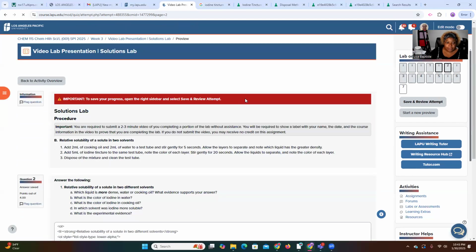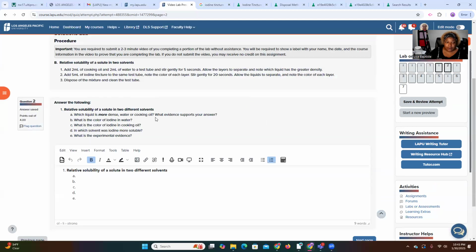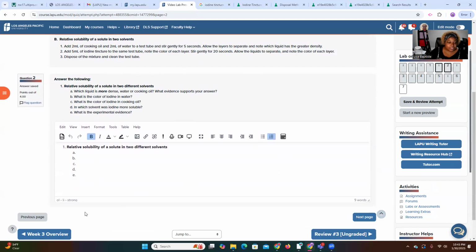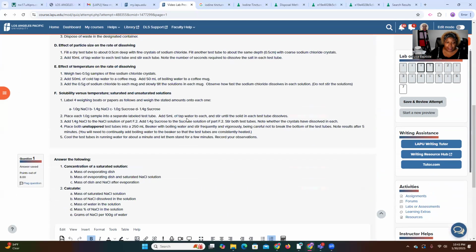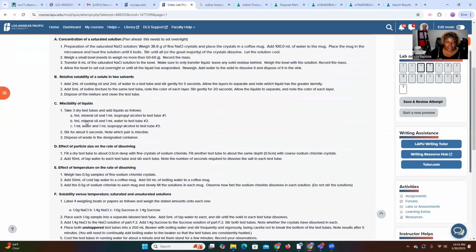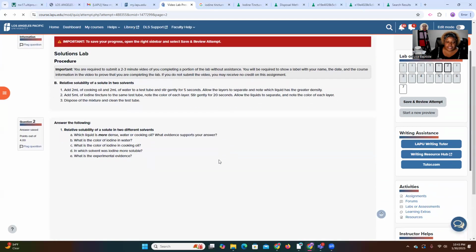All right. And so then we go to the next page. Now we're looking at more dense water, cooking oil, the color of iodine in water, and all of this. So we're again looking at what's going on for our oil and water, and our iodine in water. So this was actually on the previous page. For part A, your information goes here. But then for B and the rest, your observations are going to continue over here.